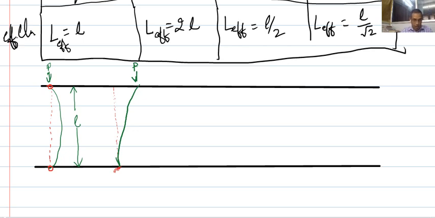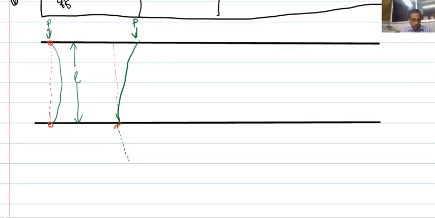Now, if I extend this line, it goes something like this. The same curve will continue like this. Now if I try to draw this from one end of the free to the next end, this will be my 2L.